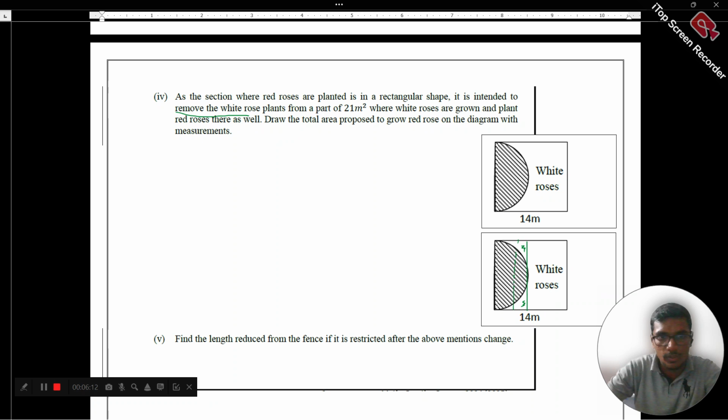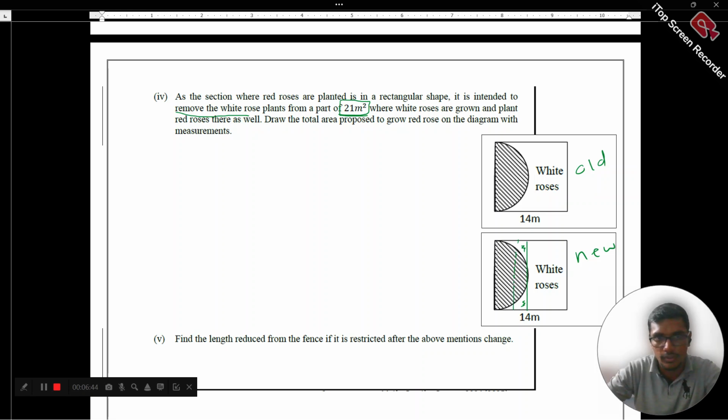So they will remove white rose plants from a part of 21 meters squared, and plant red rose. This was the old one. This is the new one.